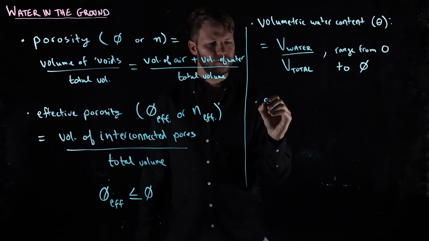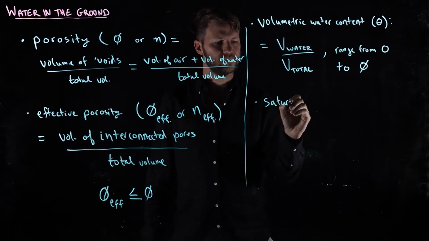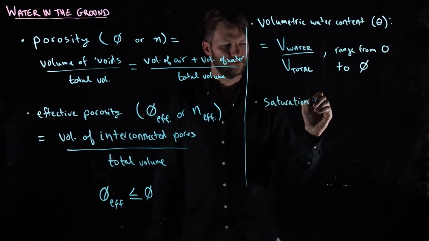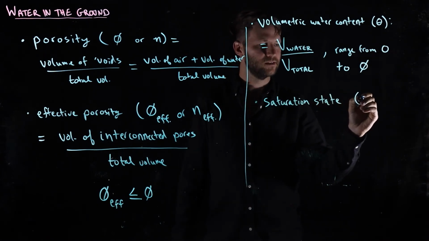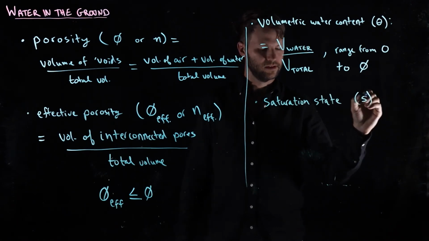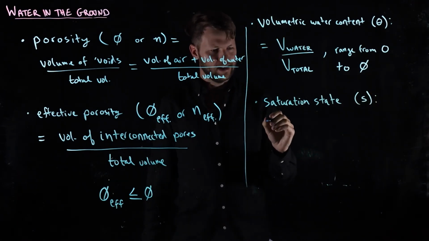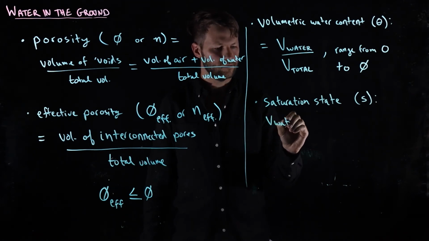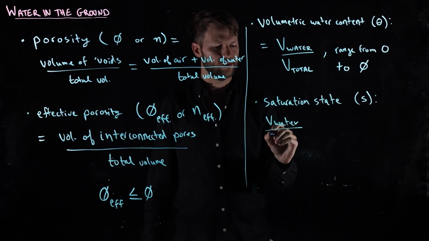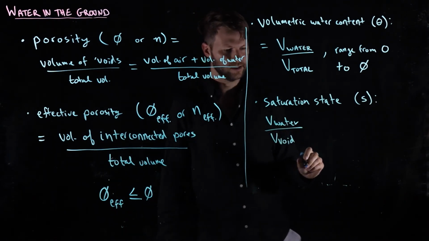Another related term is the saturation state, usually denoted with the lowercase letter s. It is defined as the volume of water relative to the volume that the water could occupy, or the void space volume.